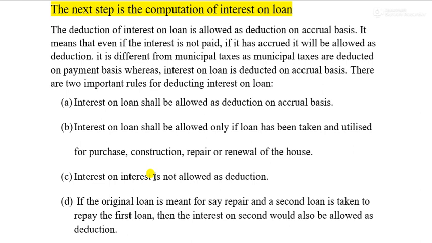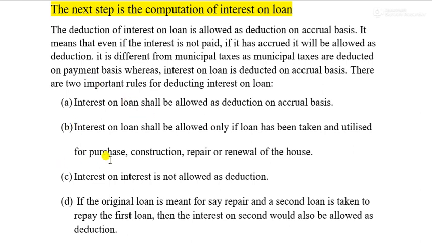Suppose a person has taken a loan to install a home theater in his house, to install anything in his house, and he's paying interest on that loan, so he won't be allowed the deduction for interest on loan. The loan that is taken should only be for four purposes: purchase, construction, repair, or renewal. And I'm saying this again and again because people make mistakes in this part.